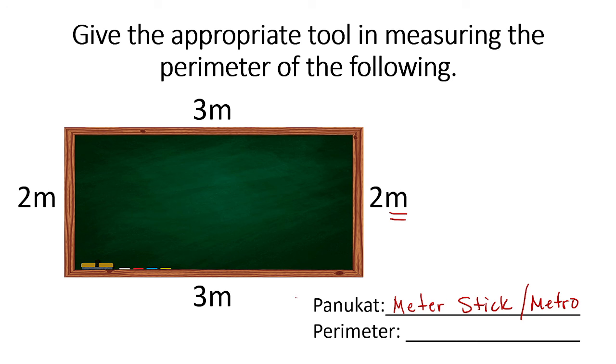Pag sinabi pong perimeter, mag-a-add lang po tayo ng lahat ng sides. Meron tayong 3 plus 3 plus 2 plus 2. So 6 plus 4 is 10. Wag natin kalimutan yung unit, 10 meters.